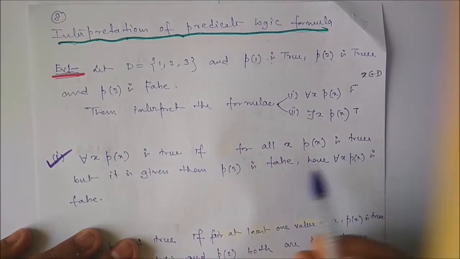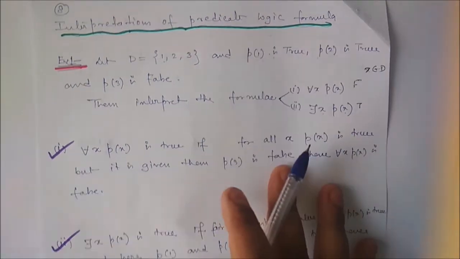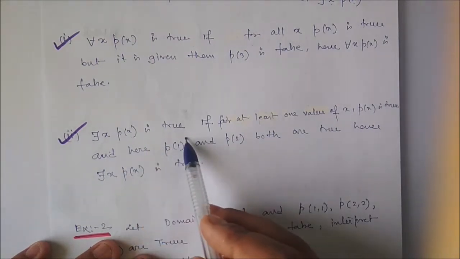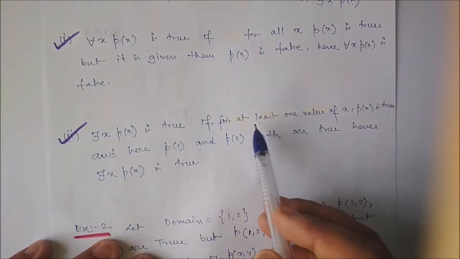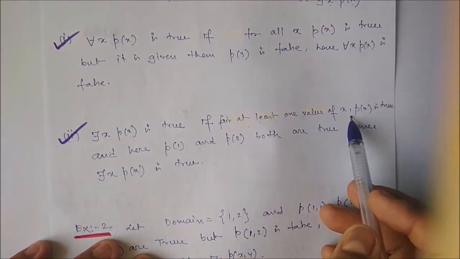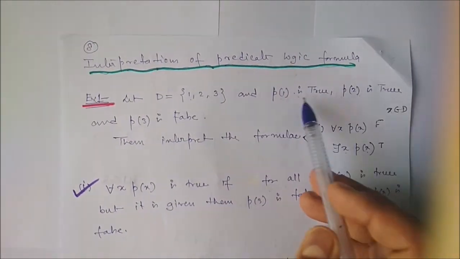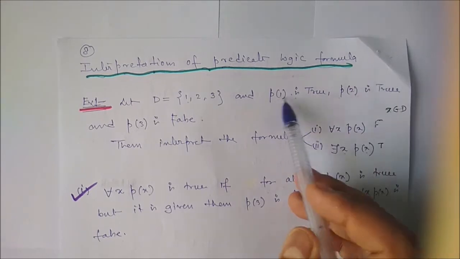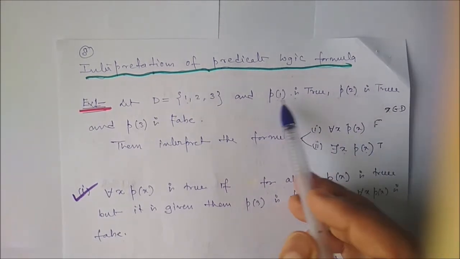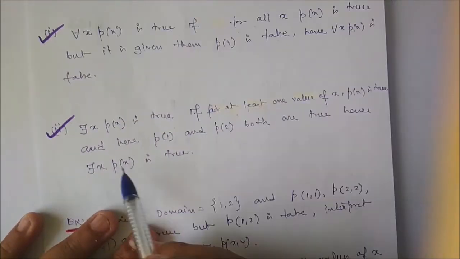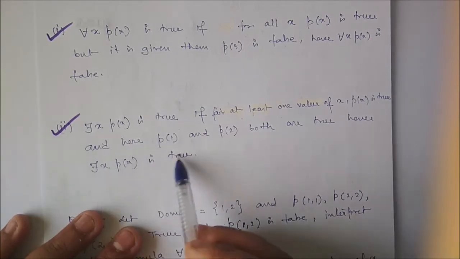Similarly, there exists some x, P(x) is true if for at least one value of x, P(x) is true. Here P(1) and P(2) are true, but P(3) is false. So definitely there exists some x where P(x) is true.